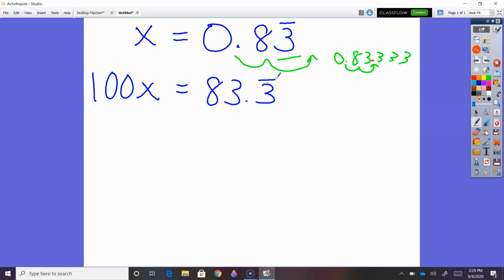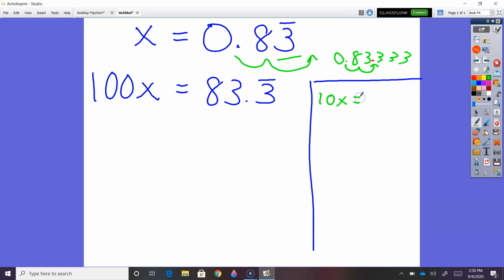Now here, this one's a little tricky because I can't subtract by x alone. My x is 0.83 repeating, and if I subtracted that, that's not going to get rid of my repeating 3. Well, in this situation, what I need to do is subtract 10x.